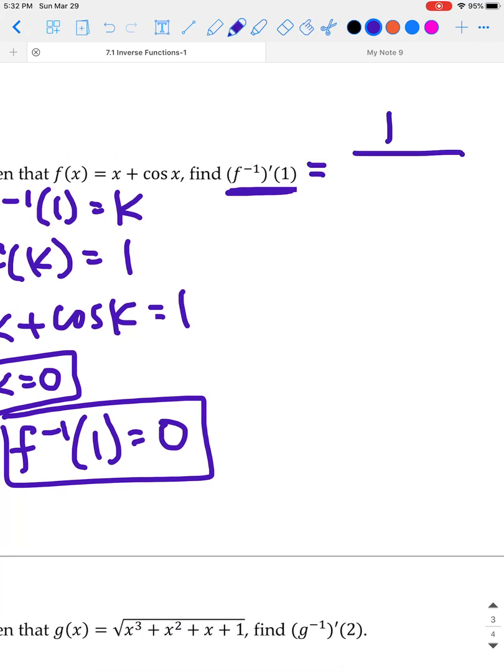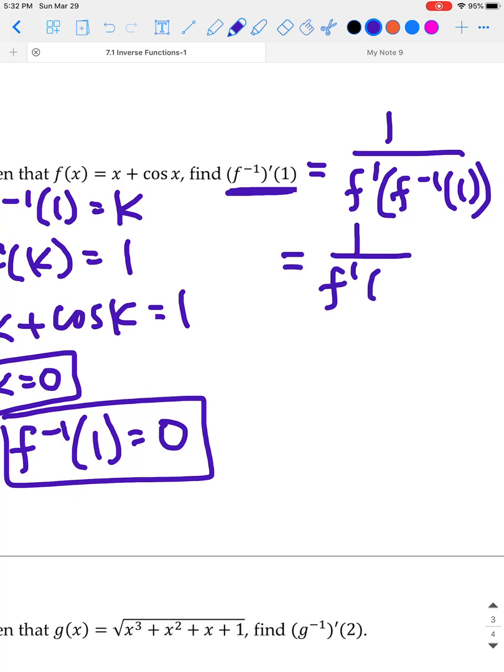So that's going to be useful, since I know that this is equal to 1 over f prime of f inverse of 1. Which is going to be 1 over f prime of 0.